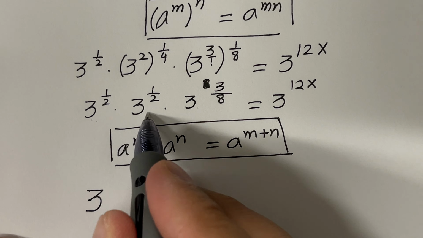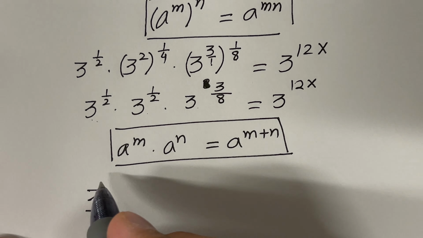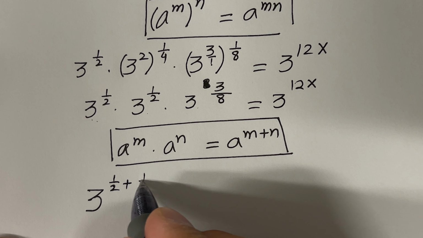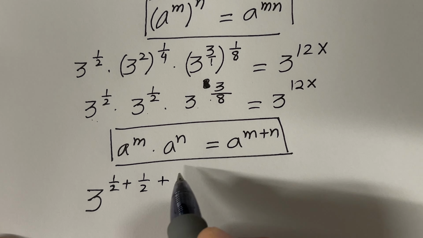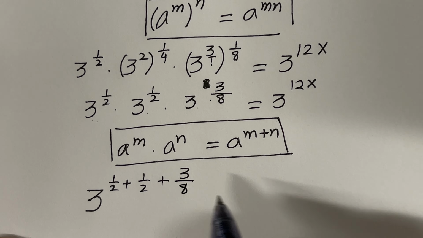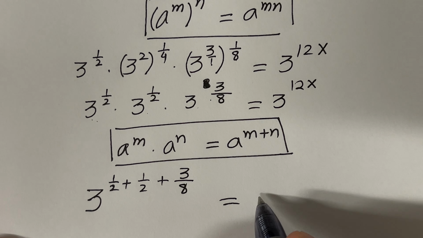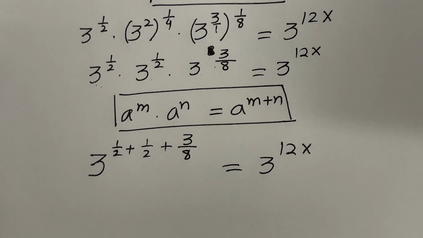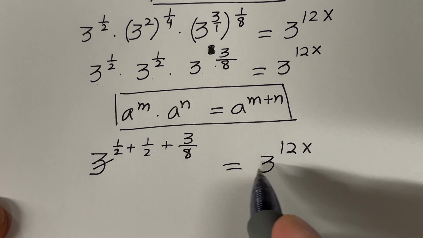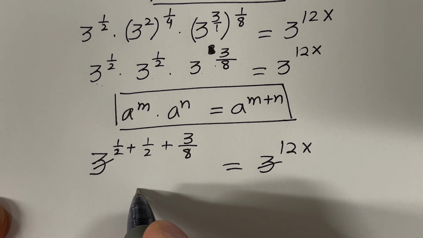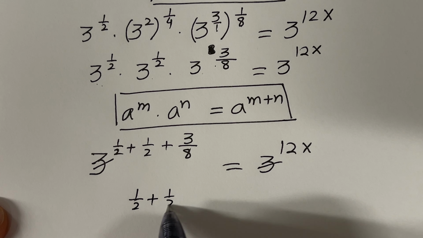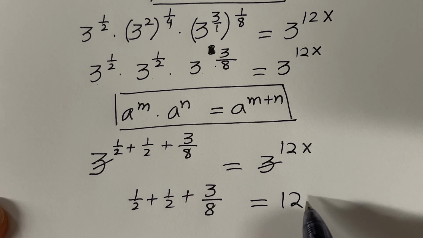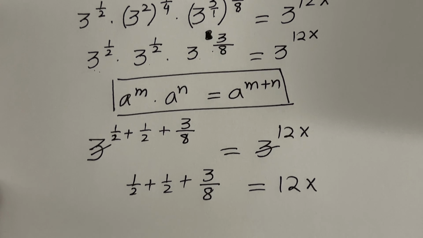The base is 3 for each of these 3 numbers, and the first exponent is 1/2 plus the second exponent is 1/2 plus the third exponent is 3 divided by 8, and the right hand side is 3 raised to the power 12x. Now since the bases are same, it means the exponents must be same, that is equal to 12x.